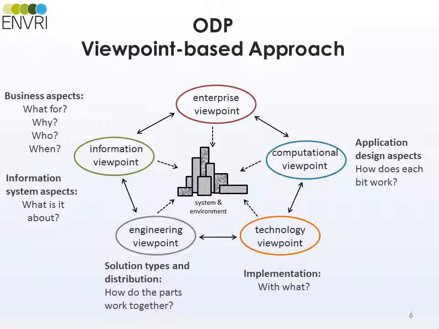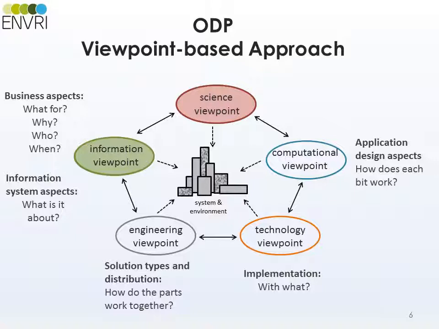The first version of the ENVRI Reference Model concentrates on 3 of the 5 viewpoints. Firstly, the enterprise viewpoint, which focuses on the organizational situation of research infrastructures. In order to better fit with the sensibilities of the ENVRI community, it will be referred to as the science viewpoint from here on out.